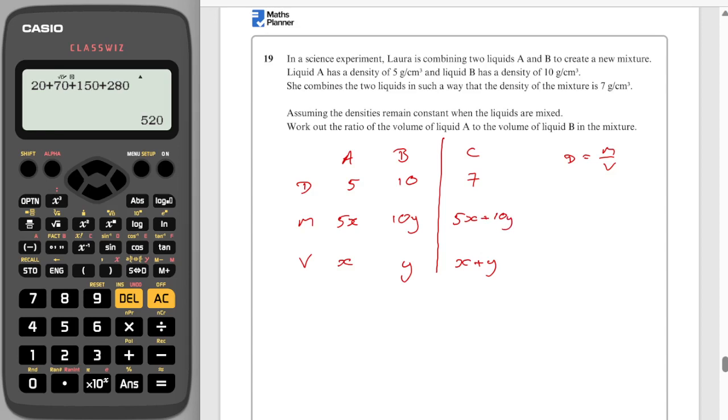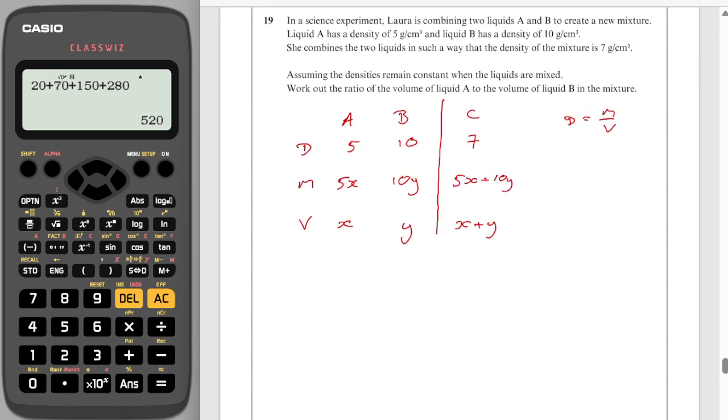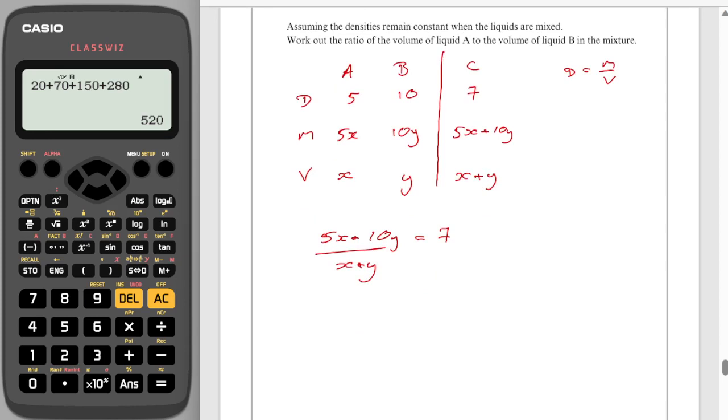So we know that density is mass divided by volume. So for liquid C, we've got that 5x plus 10y over x plus y has to be equal to 7. So if I cross multiply, I'm going to remove that denominator by multiplying up there.